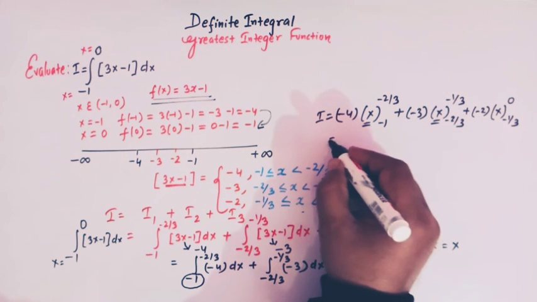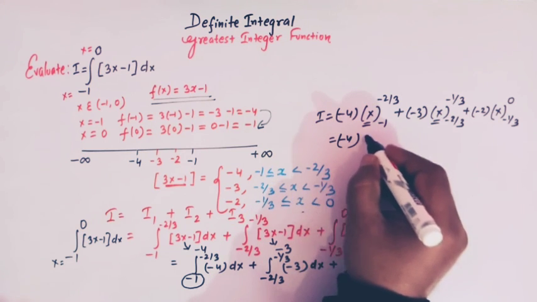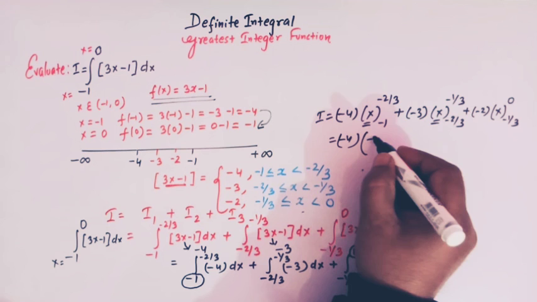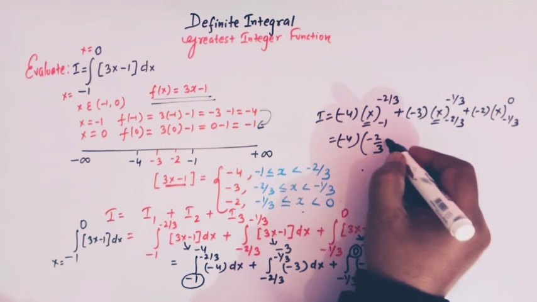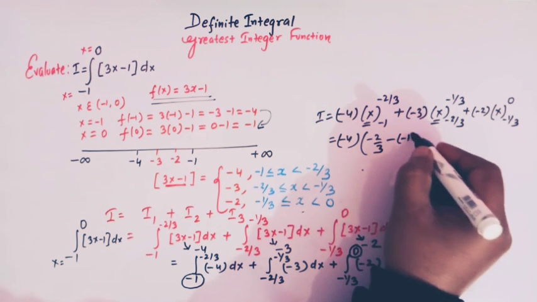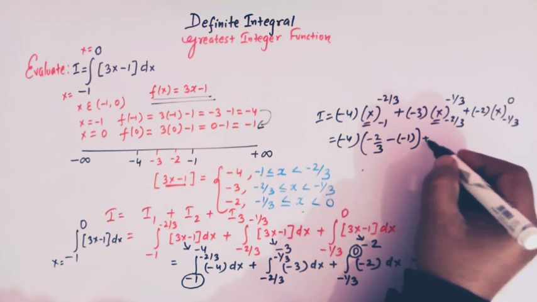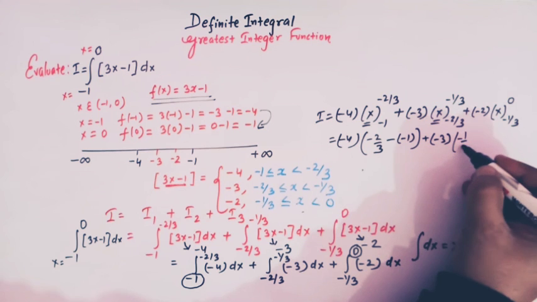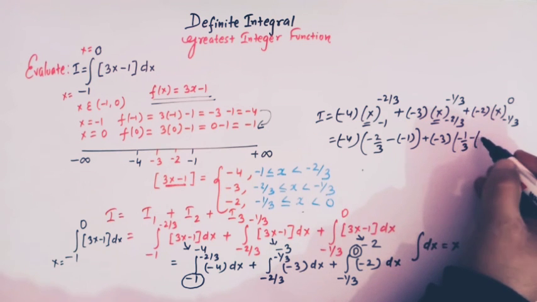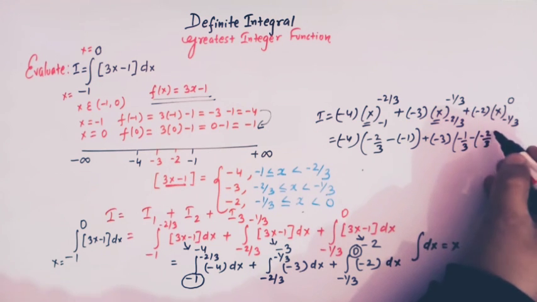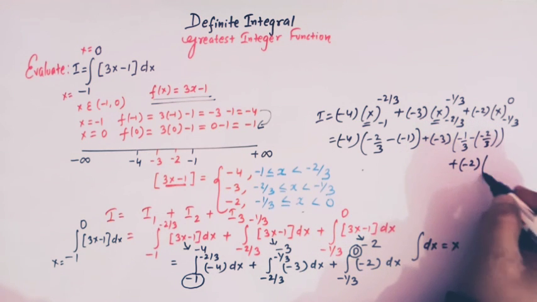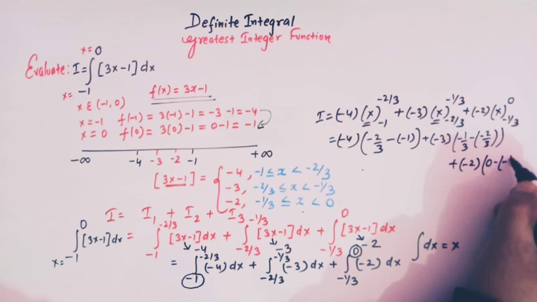So now we can simply substitute the limits and we'll take the difference. So we have here minus 4 times minus 2 over 3 minus minus 1, and then we have here minus 3 times minus 1 over 3 minus minus 2 over 3, and then we have minus 2 times 0 minus minus 1 over 3.